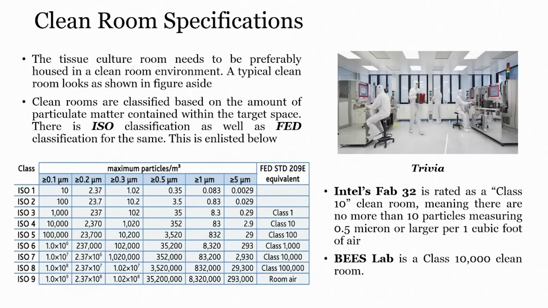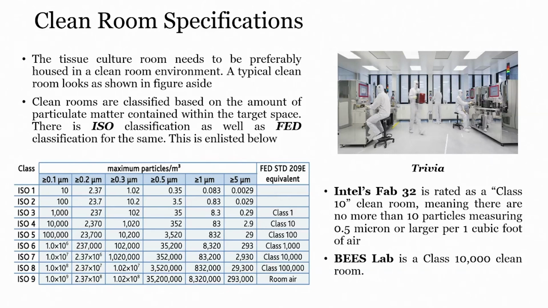Now, we always talk about clean rooms, right. So, what is a clean room and why is it important? Generally a tissue culture room needs to be preferably housed in a clean room environment, and a class 10,000 would be an ideal environment for such an activity.